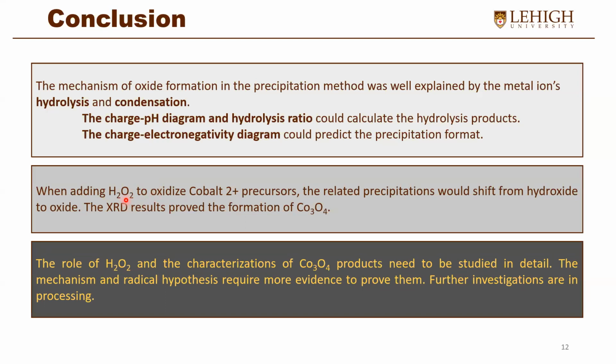It's just following our prediction. The cobalt is oxidized, so we obtain the oxide form. But the role of the hydrogen peroxide is still unclear, and I still need to do more experiments to explore the mechanism. And the following topics, like the ligand assistance and the UV improvement, should also be considered. So this is today's presentation.